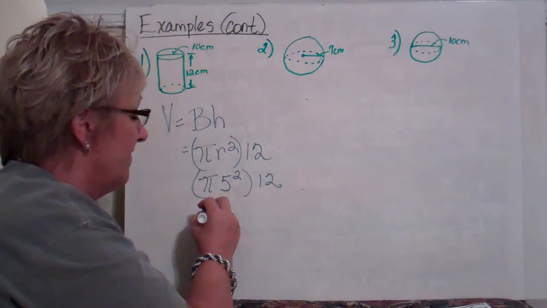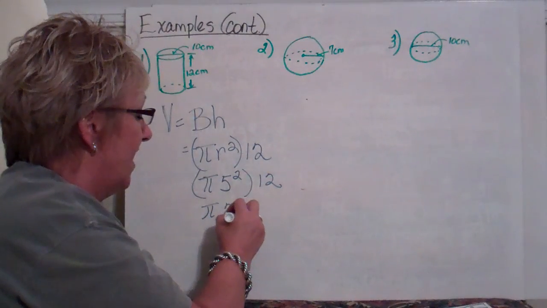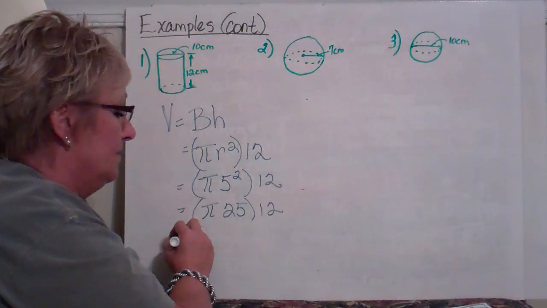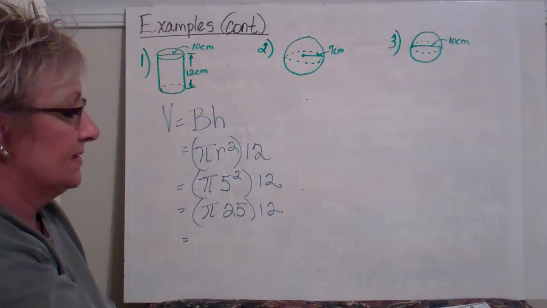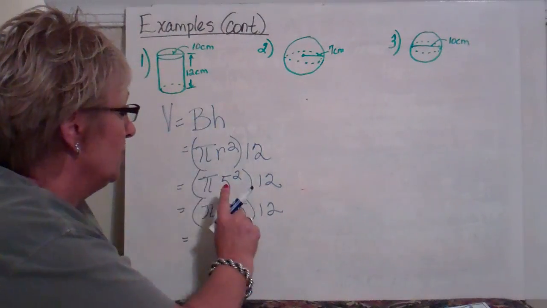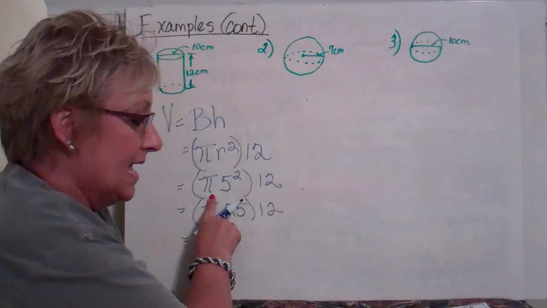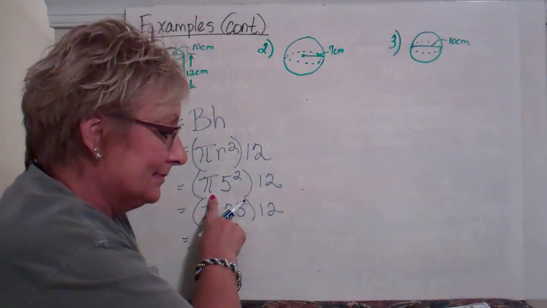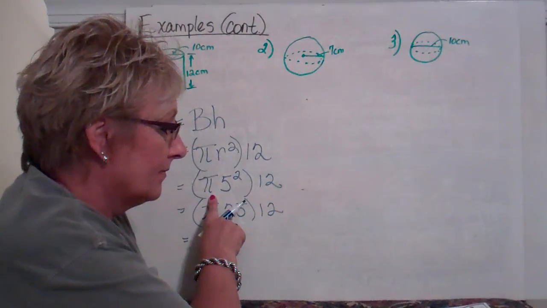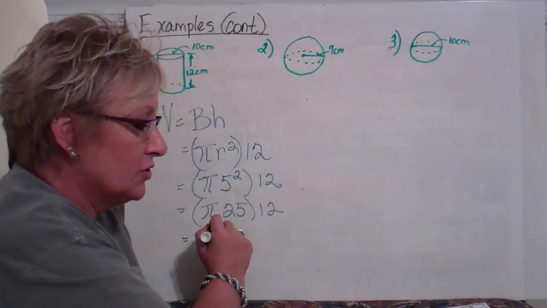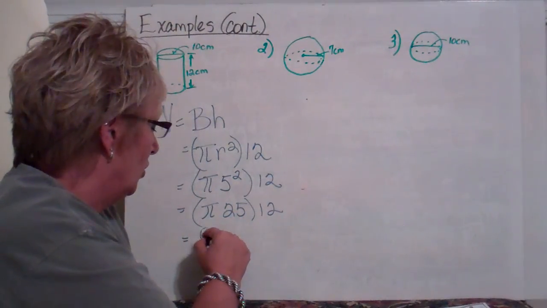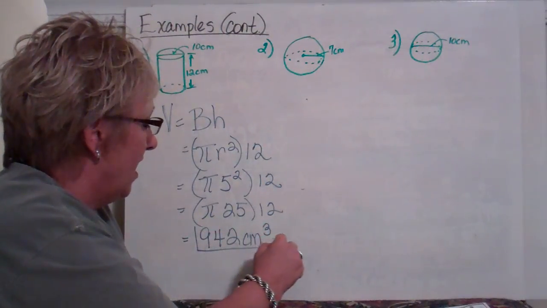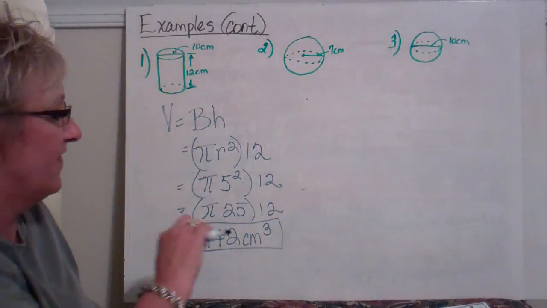5 squared is going to be 25, so I've got pi times 25 times 12. And that will come out to be, and I'm using 3.14 for my pi, by the way, right at, let's see, 942 centimeters cubed, because it is the volume of a three-dimensional object, and volume is always in cubes.